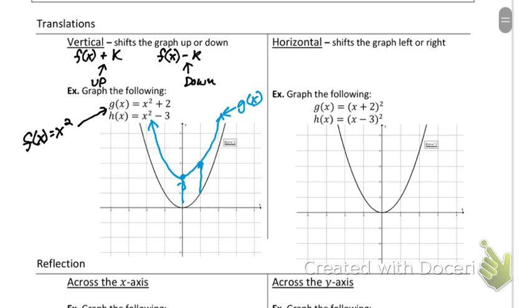So rather than being at 0, 0, we're going to have at 0, negative 3. Instead of being at 1, 1, we are going to be at 1, negative 2 on both sides. And so our parent function being x squared shifted down 3. This will be my h of x. Let's make that better.